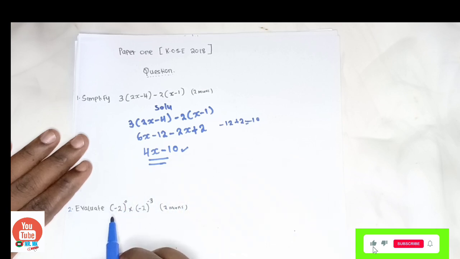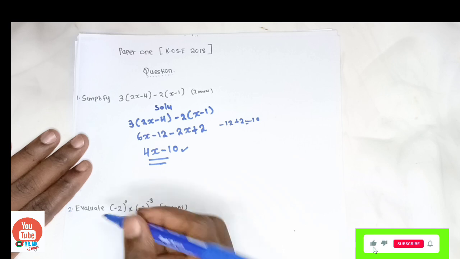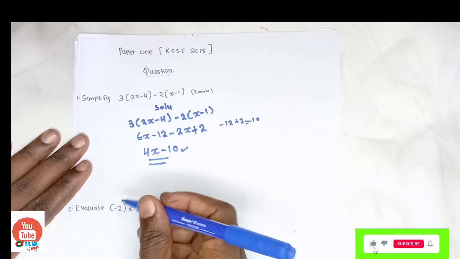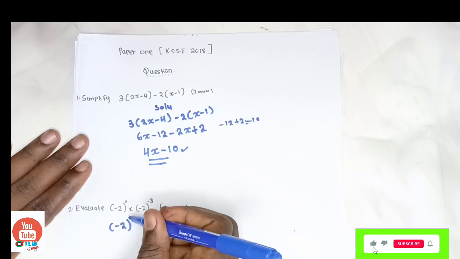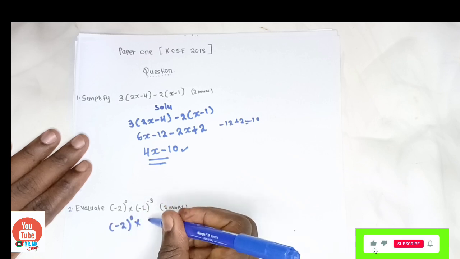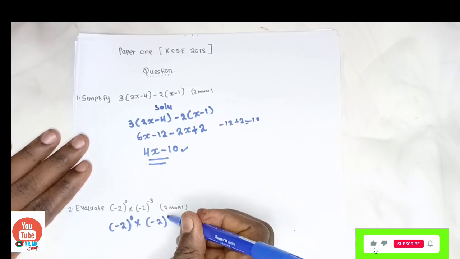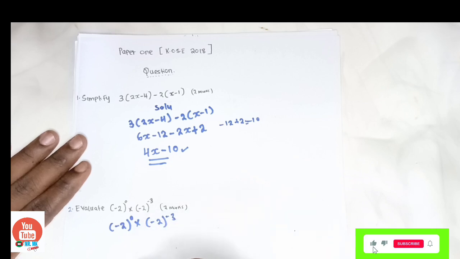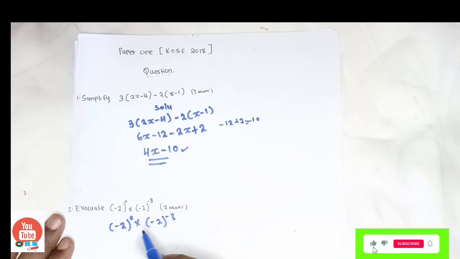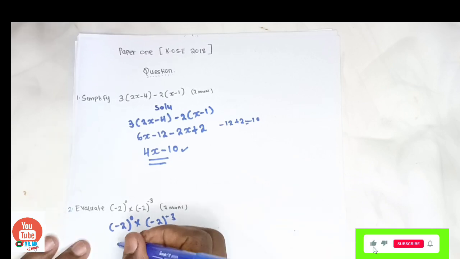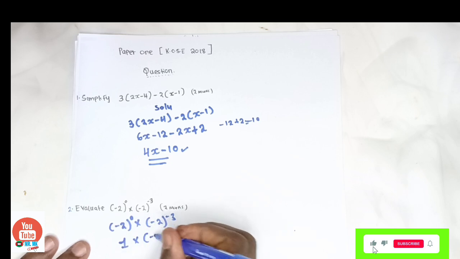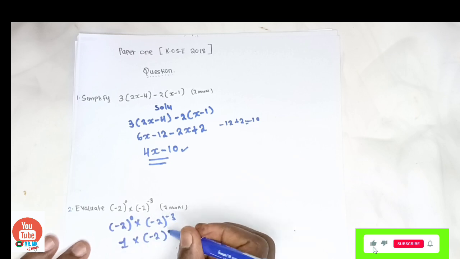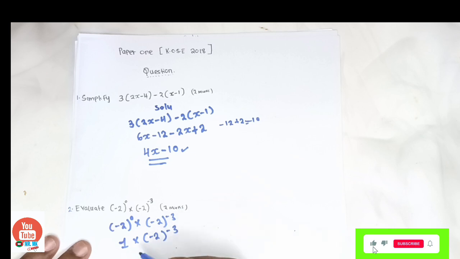For this case, just rewrite it the way it is: (-2)^0 times (-2)^-3. Since any number raised to 0 is always 1, it becomes 1 times (-2)^-3.